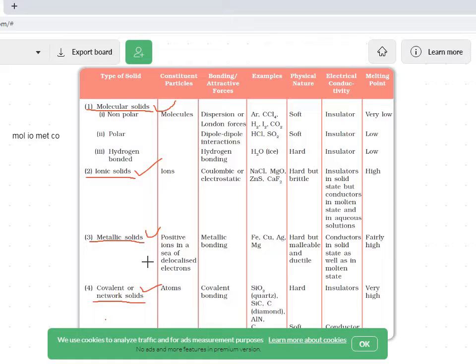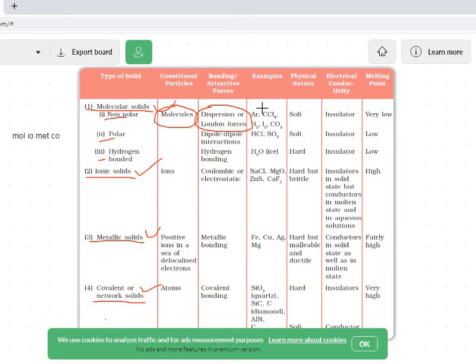Molecular solids are made up of constituent particles which are molecules. They are subdivided into 3 categories: non-polar, polar, and hydrogen bonded. Non-polar molecular solids comprise very weakly attractive forces, and that is dispersion forces or London forces. You have already learned in 11th standard regarding the London forces. The examples are argon.